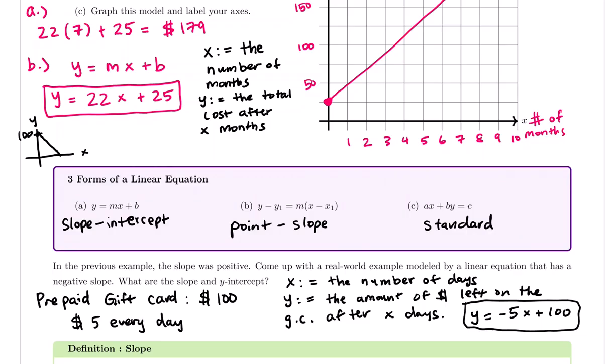And specifically answering this question, what are the slope and the y-intercept for this example that I just made up, the slope would equal negative 5, and the y-intercept, I'm going to abbreviate this, is an ordered pair, and that is 0, 100. So that is a real-world example where the slope is negative.